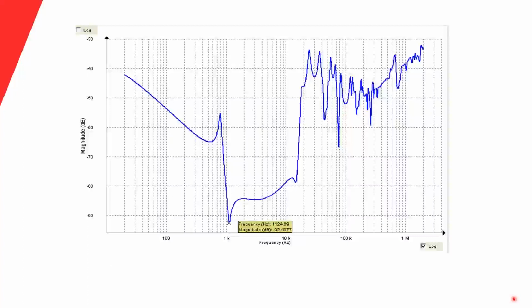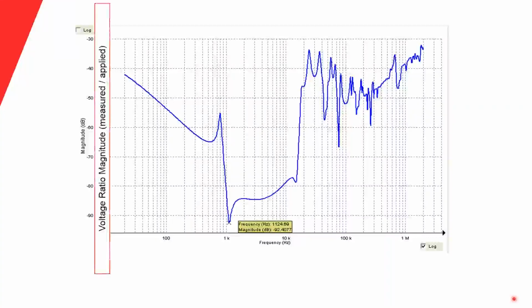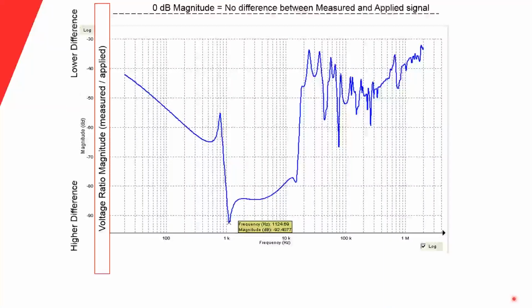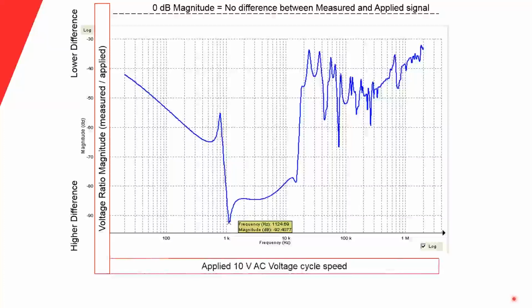So at the end, after we apply the signal, vary the frequency, and measure the response, we get a comparison here. You get your output over your input, and you get this nice curve going across the whole frequency range. On the y-axis here, you have basically the ratio of the measured to the applied voltage. At the very top, 0 dB means there was no difference in response, as if it was just shorted out, no winding or anything.